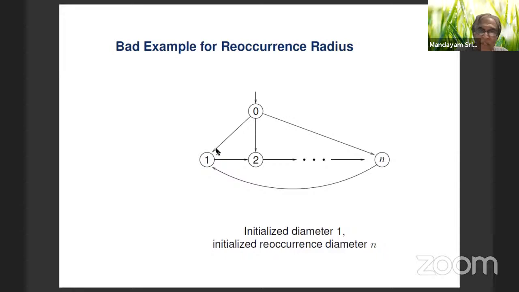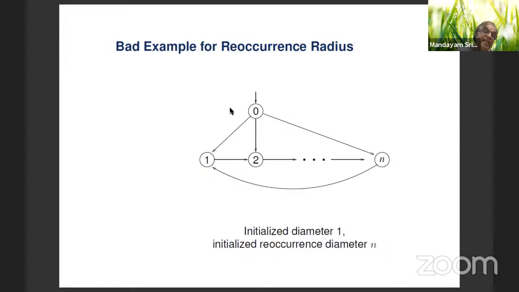You go from 0, 1, 2, and so on, before you actually loop. That is the longest path without repeating any states, and that is the reoccurrence diameter. It is also an upper bound.